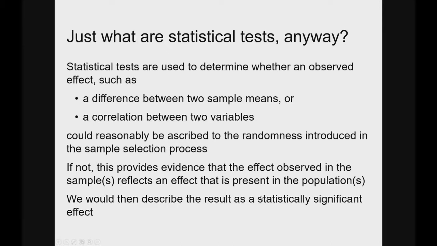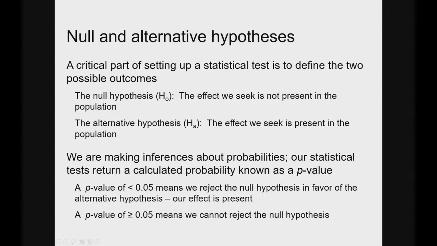Again, we sample from a population, and we want it to be random sampling, but even in the random sampling process, we're going to get some variation. And we need to understand if the effect we observed is due to the randomness, or is it really present in the population? This phrase here is really the key. When we saw a slight difference in the calculated mean between the two groups, are we the victim of random variation, or do we really have a difference going on?